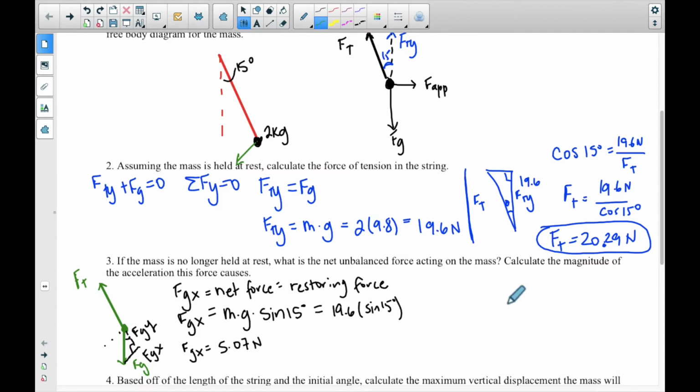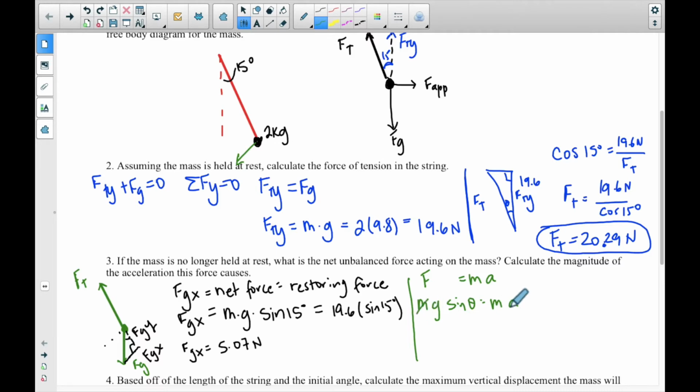Now the second part of that question asks, calculate the magnitude of acceleration that this force causes. Okay, so if we set up like an F equals ma here, our F is our mg sine theta, which we just came up with, 5.07. Let's just say it's mg sine theta, and that's equal to m times a.